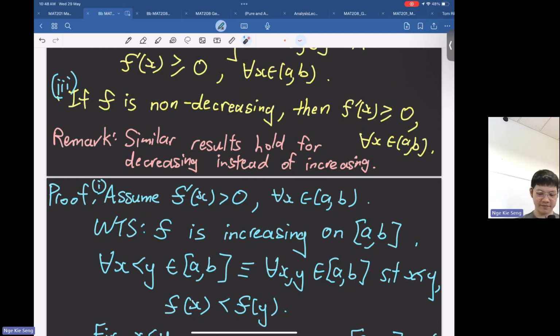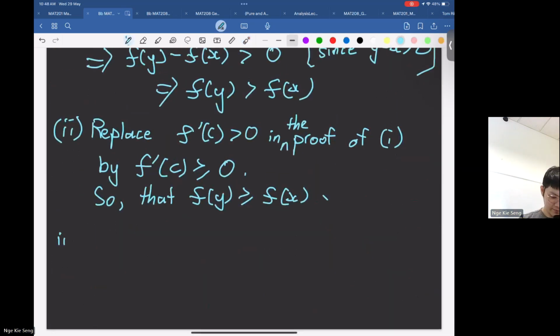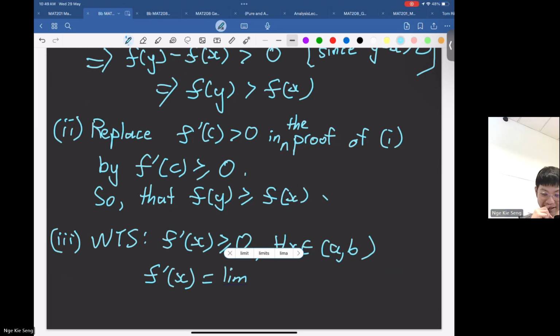What's your goal here? You want to show that f prime x is greater or equal to 0 for all x in (a, b). So what does this mean? So this f prime x is what? Is the limit of what?